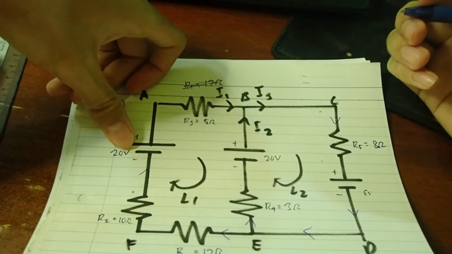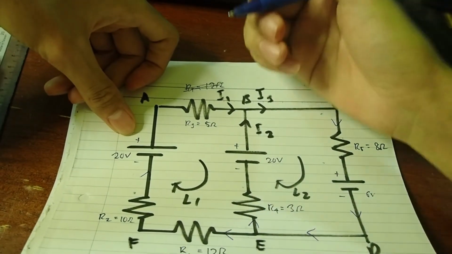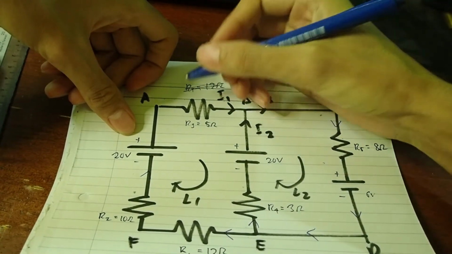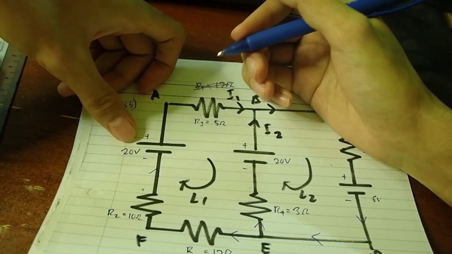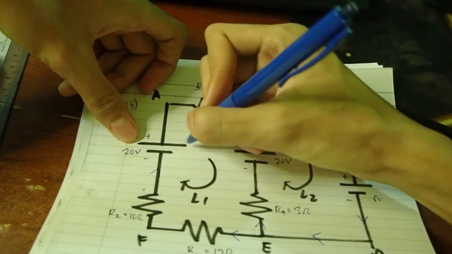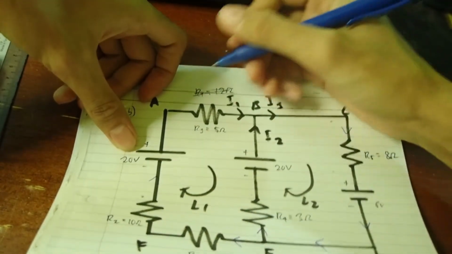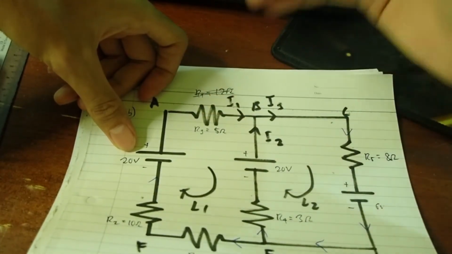And then the next thing that we need to do is put a sign in front of each component. Except for the battery, where we agree to put positive at the long terminal and negative at the short terminal. For the resistor, it depends on where the current is flowing.